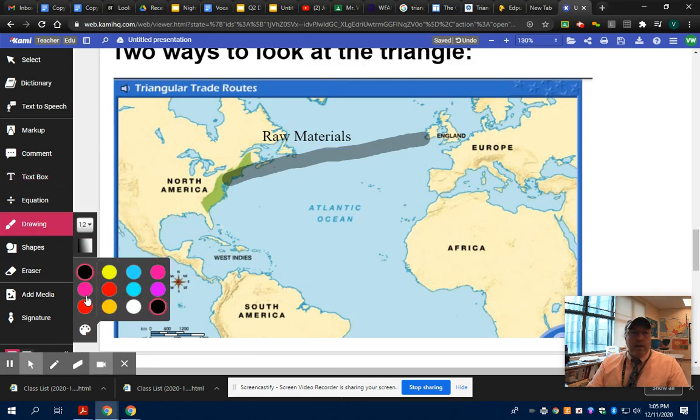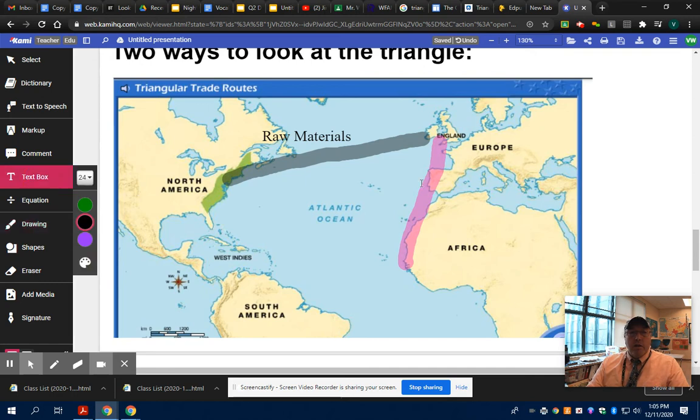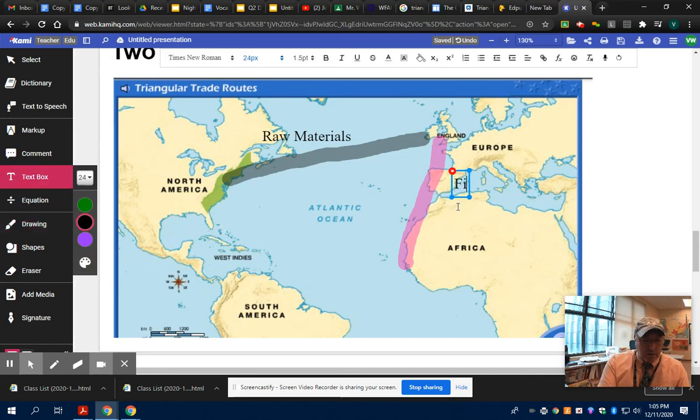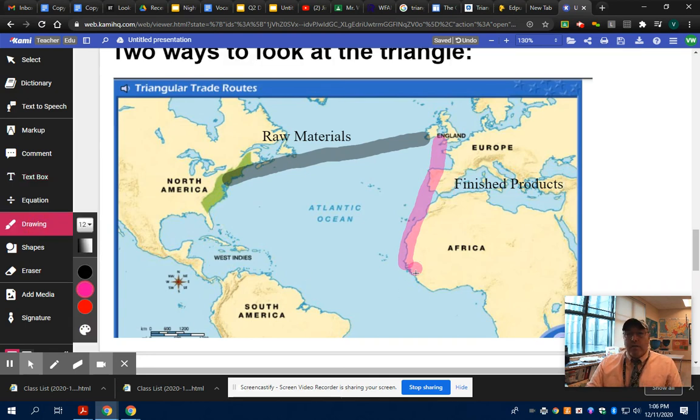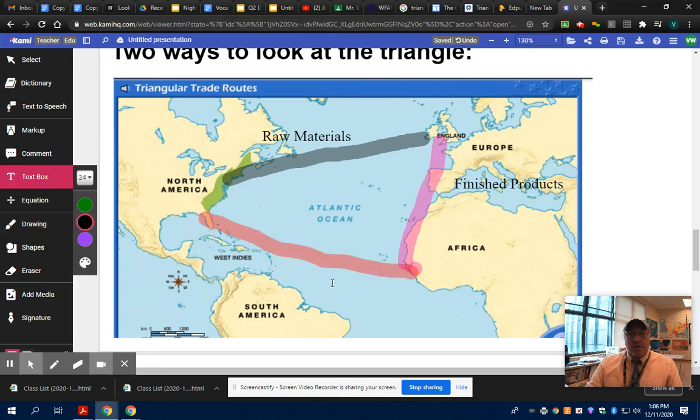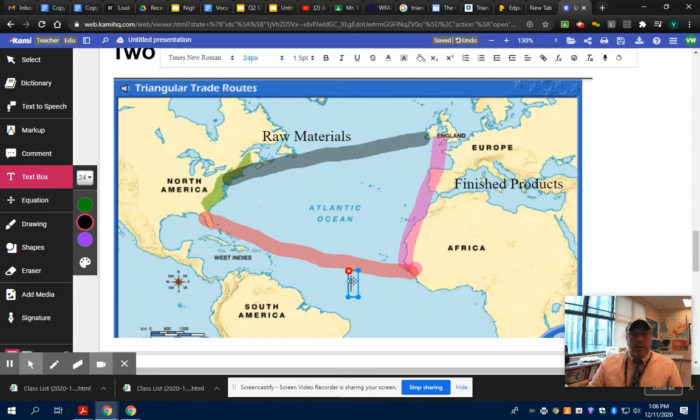And then in England, those raw materials were turned into finished products. From tools, nails, guns, and they were sold in Africa. And in Africa, what was purchased and sent back to the colonies, again, that's slaves. Right? Two ways to look at the triangle.